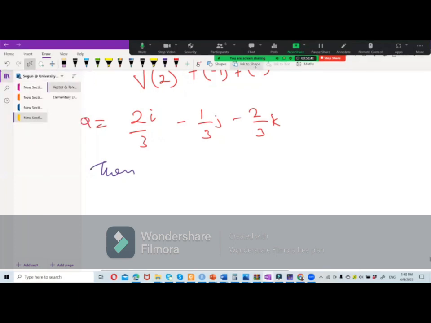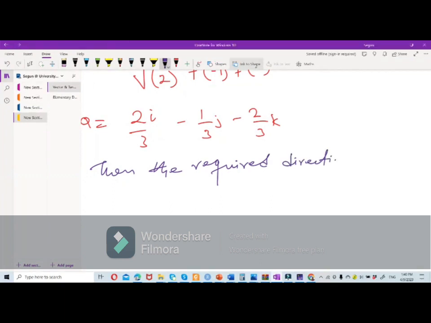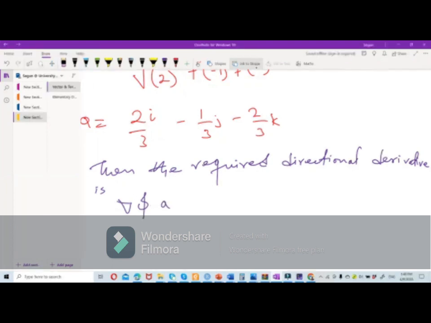Then the required directional derivative is, look at this, the definition, del phi dot A. Let me write it again.